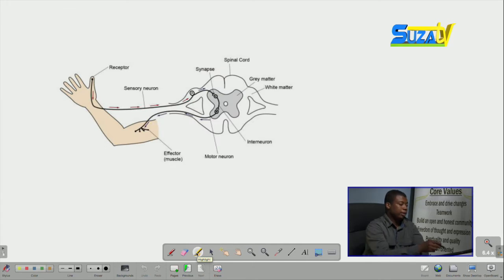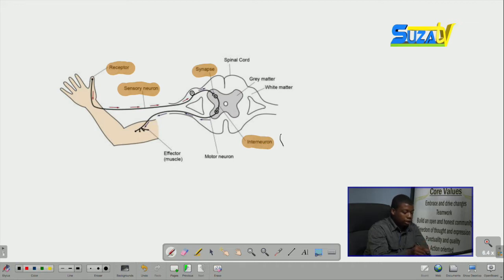So here we can see we have the sensory receptor, number 1. We have the sensory neuron, number 2, which we were talking about. We have the synapse or the dorsal root ganglion. We have the interneuron, or we can call it the relay neuron.